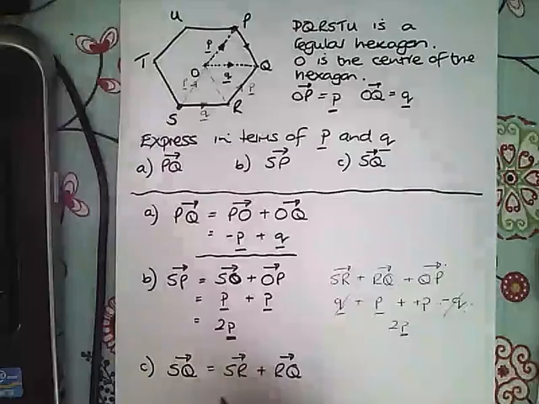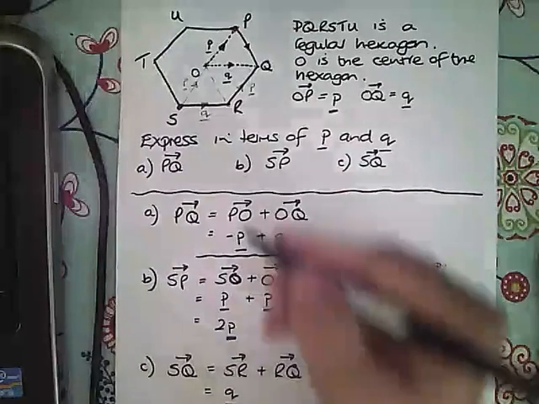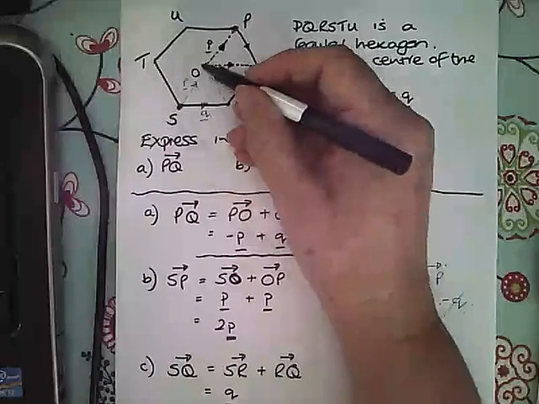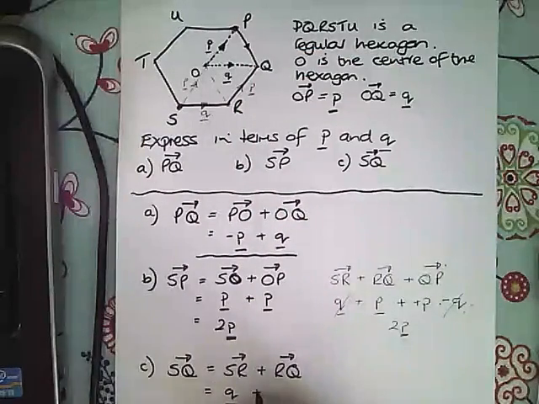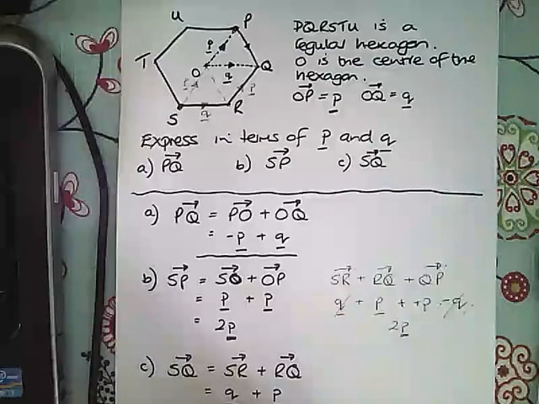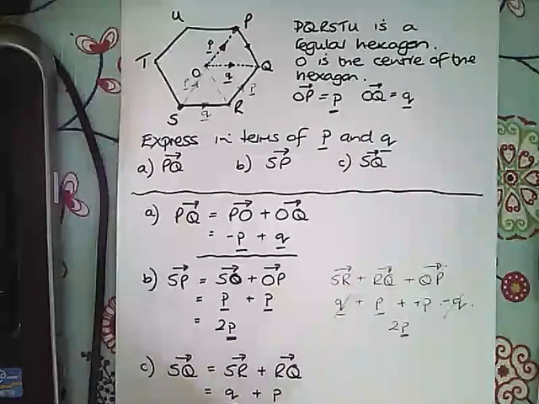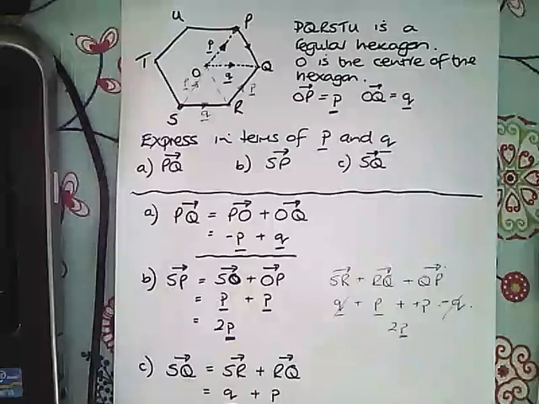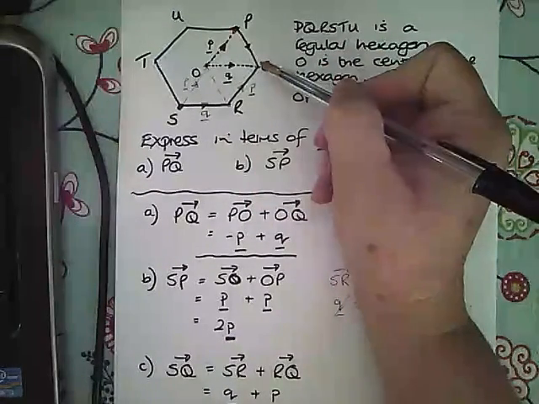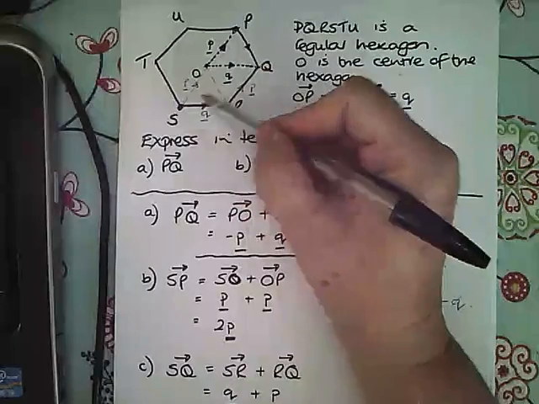That's the same, so that's a Q. RQ is the same as SO and OP, so that's a P. And normally we would write them in alphabetical order just to make it a little neater. So P plus Q. We could, of course, have gone the other way around, S to O and then O to Q, that would have given us SQ again.